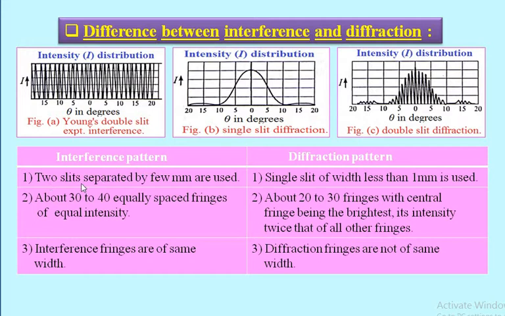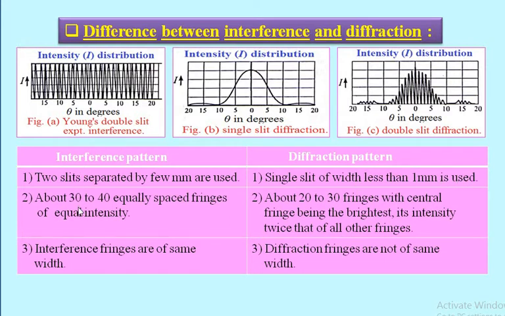In case of interference pattern, two slits separated by a few millimeters are used, and in case of diffraction, a single slit of width less than 1 millimeter is used.